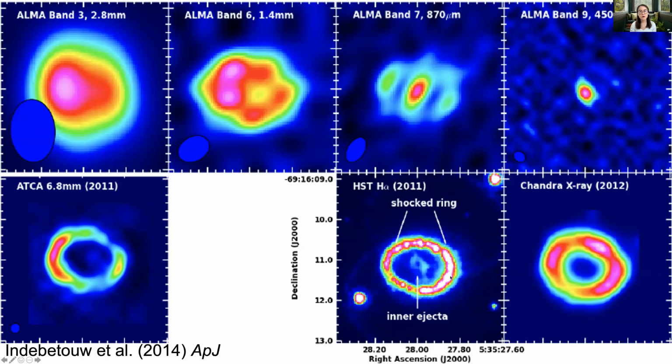Before the discovery of pre-solar grains, our only approach to study stardust grains was by spectroscopic observations, as shown here. And this is how stellar dust grains look through telescopes. Shown here are the ALMA observations of supernova 1987A.